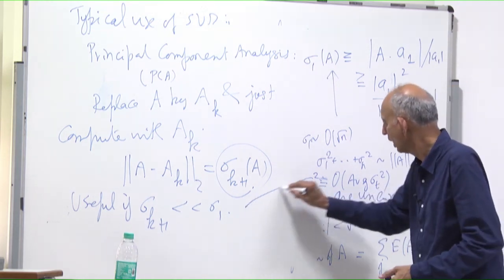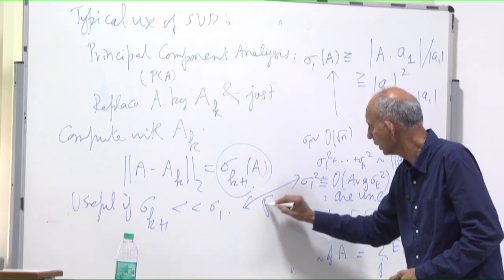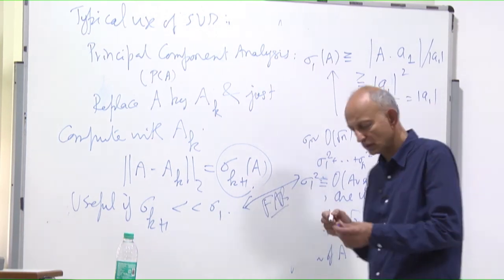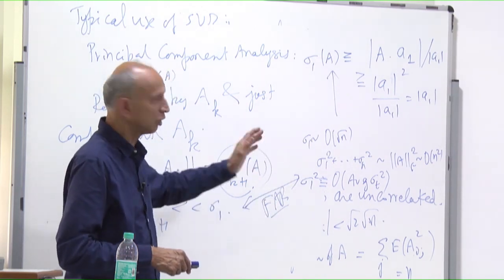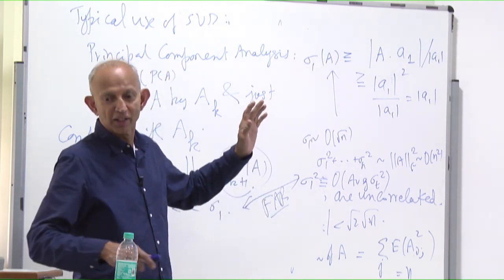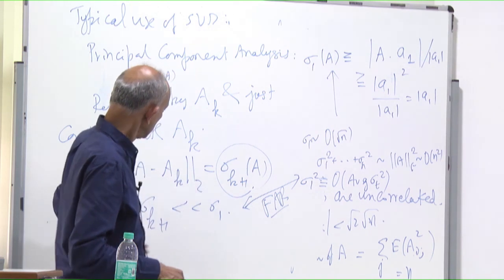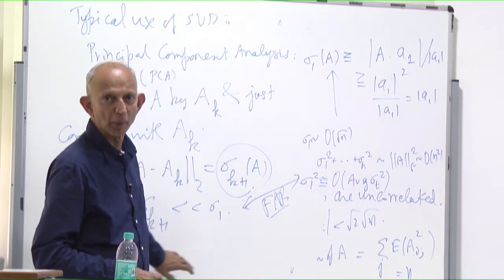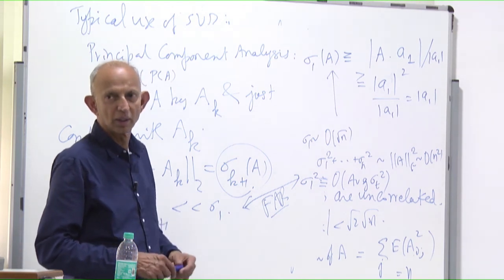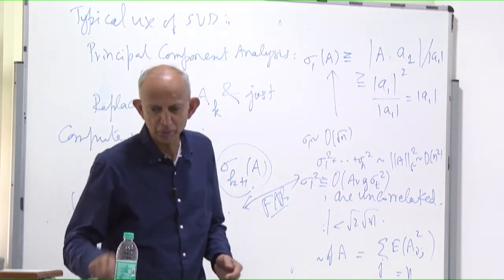So if it's a random matrix, you should not use PCA, right? The assertion is, in practice, a lot of matrices have this property, that sigma k+1 is much smaller than sigma 1. Okay, that's why you use PCA.